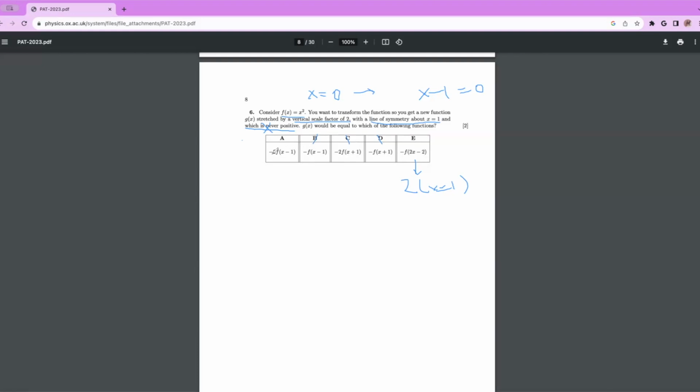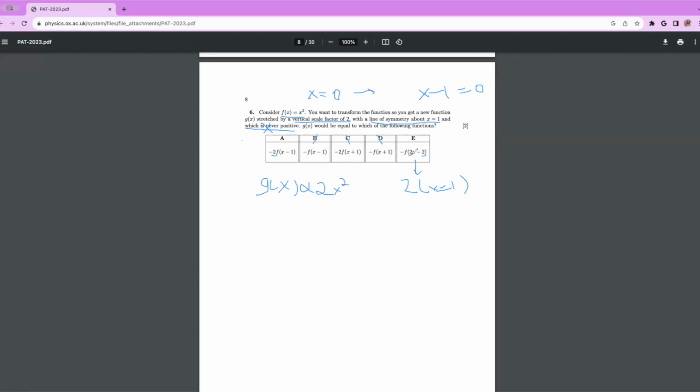A has a 2 on the outside of the function, whereas E has the 2 on the inside of the function. So from this condition, we can see that g of x, if it's scaled by a factor of 2, is going to be proportional to 2x squared.